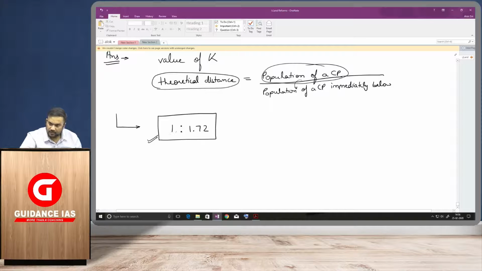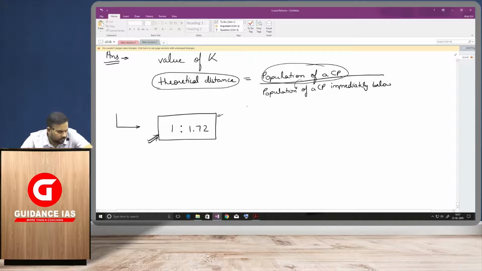That means the upper hierarchy central place is how many times the central place below it? 1.72 times. Okay? So here what is found? Here it is found that this is the ratio which is found.